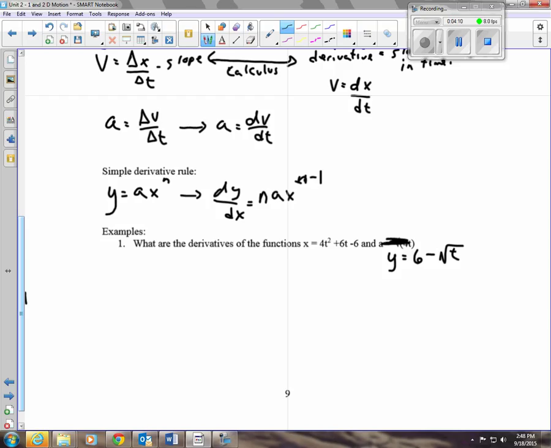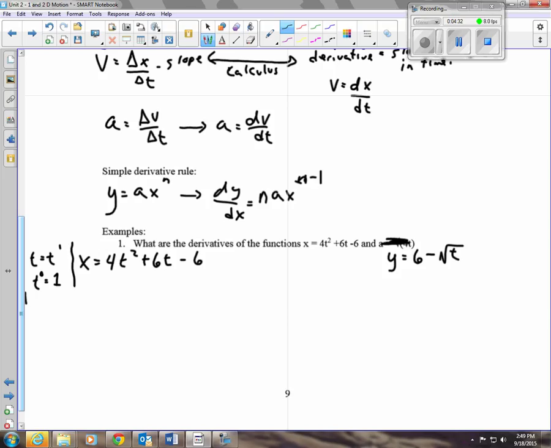Okay? Now, looking at this, the first one is x is 4t squared plus 6t minus 6. Okay? I'm going to make a note over here. t is t to the first power. And t to the 0 power is 1.